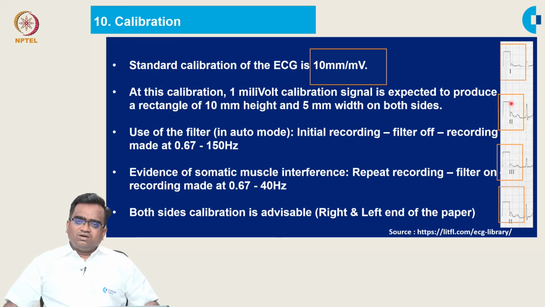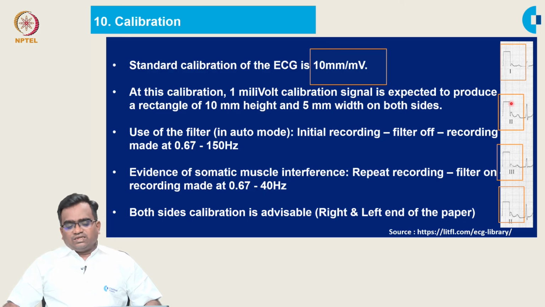if calibration is not done, it may lead to wrong diagnosis. An additional facility available in the ECG machine is the filter. Depending upon the need, the filter can be switched on or switched off.